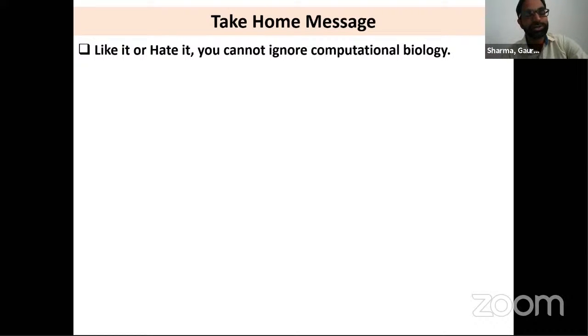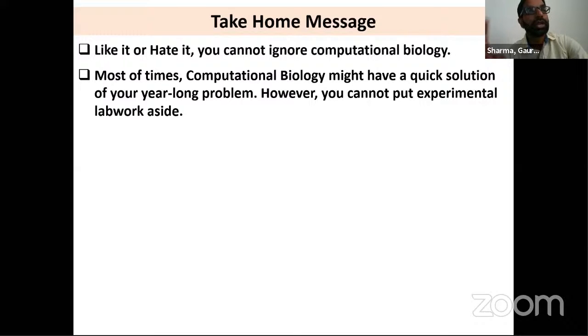computational biology, at least at this present time. Most people are trying to follow computational biology to get information about their research field. You may have a years-long problem, and sometimes computational biology can offer a quick solution. But the good point is that we obviously cannot put experimental lab work aside. Computational biologists also need data, and that data will come from experimental biology only.